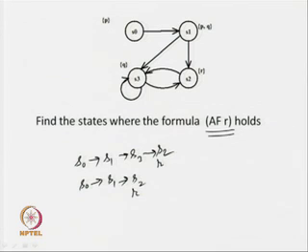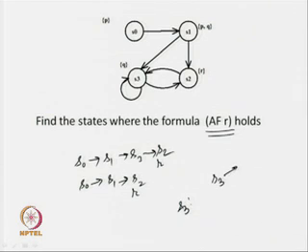Similarly, from S1 it is a sub part of the path coming out from S0, so again it is true over here. Now, what will happen if I look at S3?